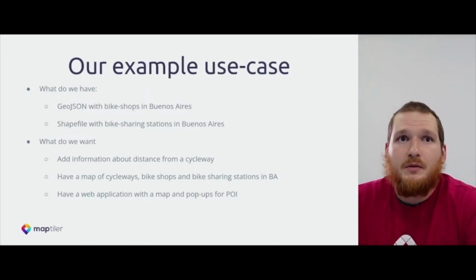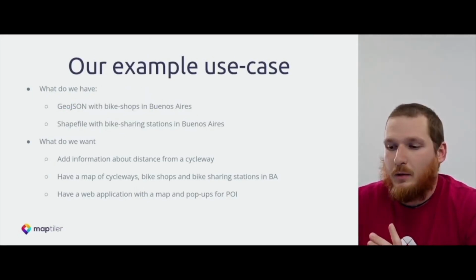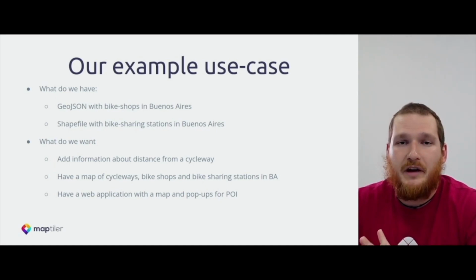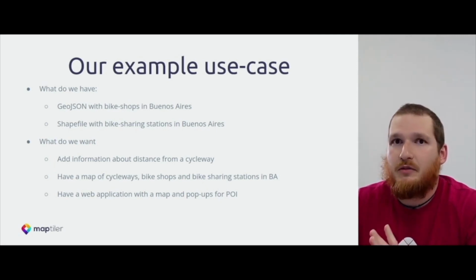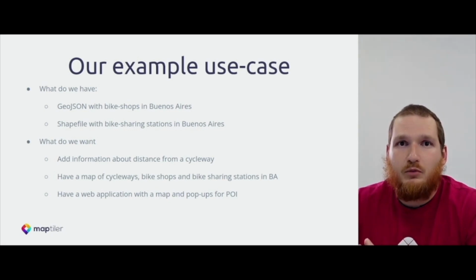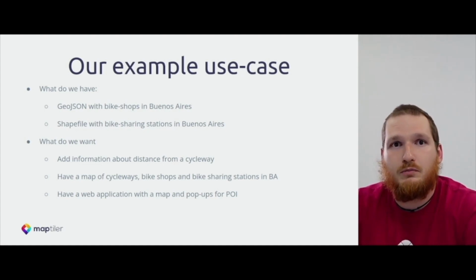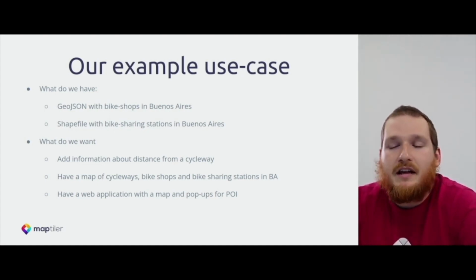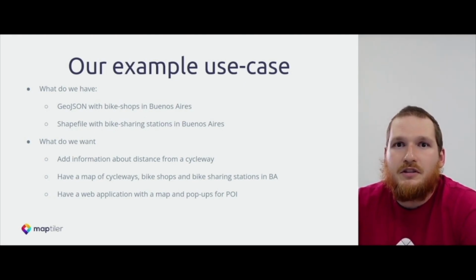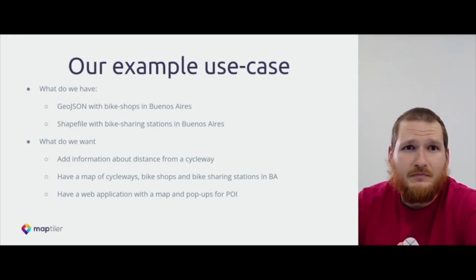Back to our use case. What do we have? We have geoJSON with bike shops in Buenos Aires, and we have a shapefile with bike sharing stations. These are open data from the Buenos Aires open data portal. Big thumbs up for Buenos Aires for open data. We want to analyze the data, add the information about the distance from the cycleway.